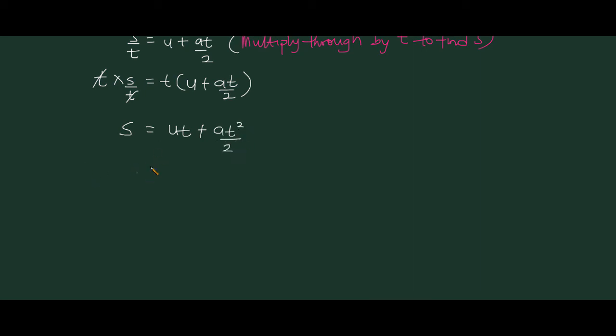To write this in a proper way, s is equal to ut plus half at squared, and this is the second equation of motion.